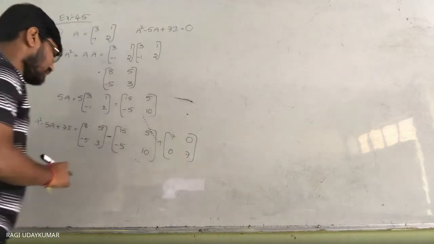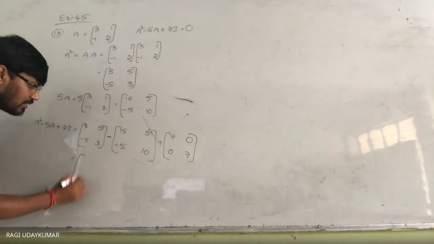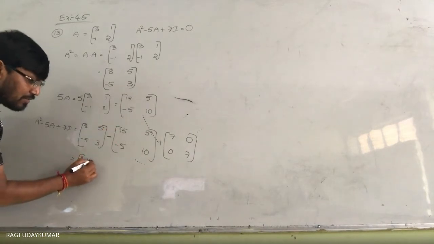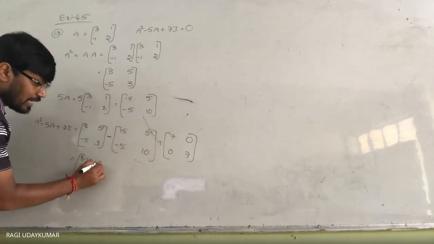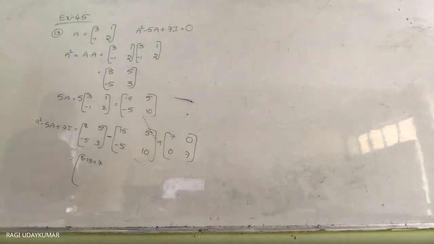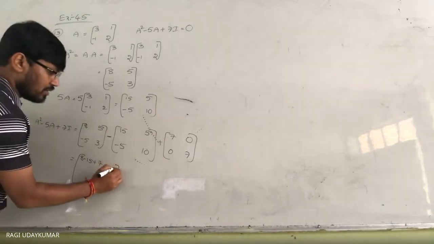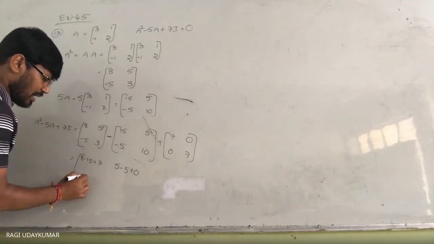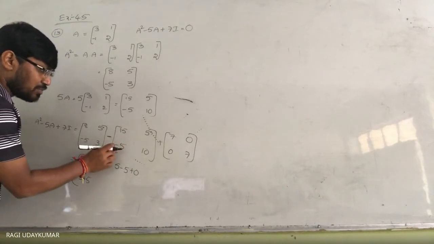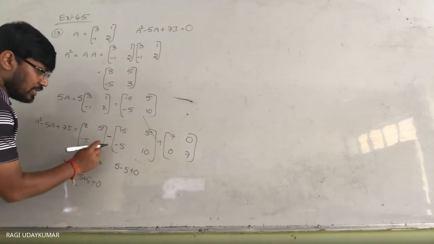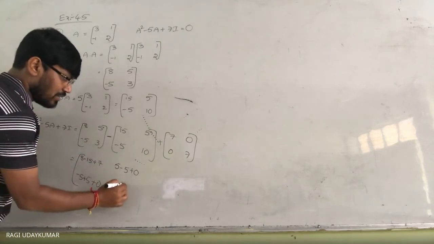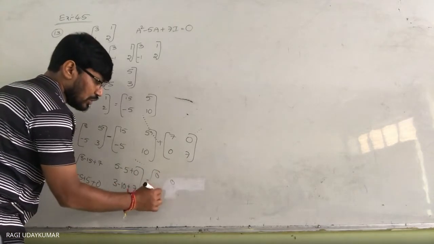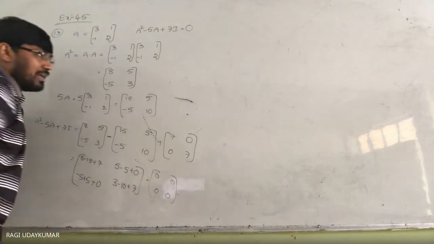On simplifying, corresponding elements should be added: 8 minus 15 plus 7, 5 minus 5 plus 0, minus 5 plus 5 plus 0, 3 minus 10 plus 7. So we are going to get 0, 0, 0, 0, which is the null matrix.